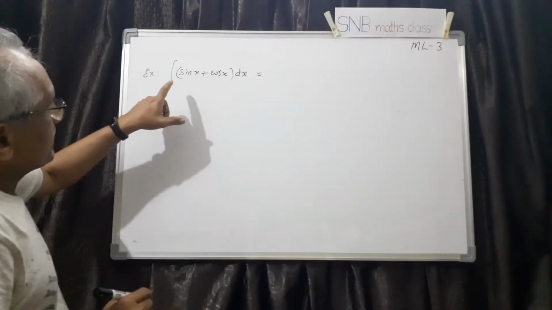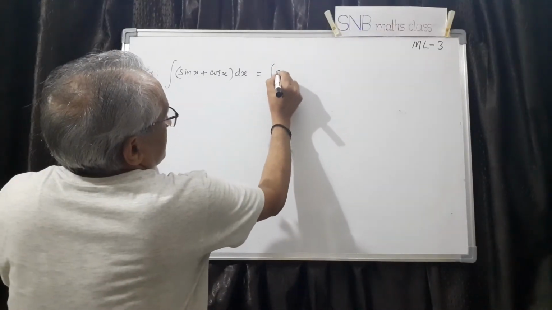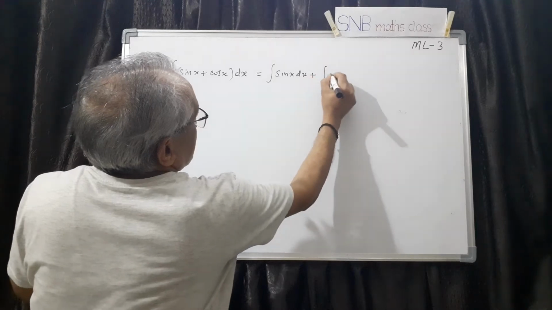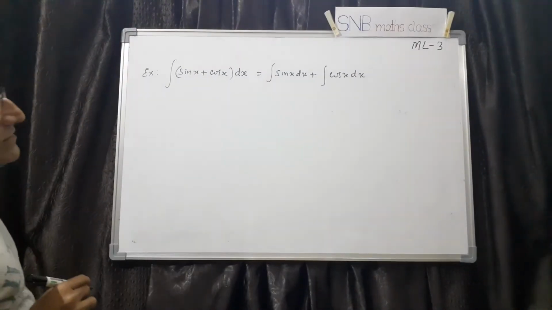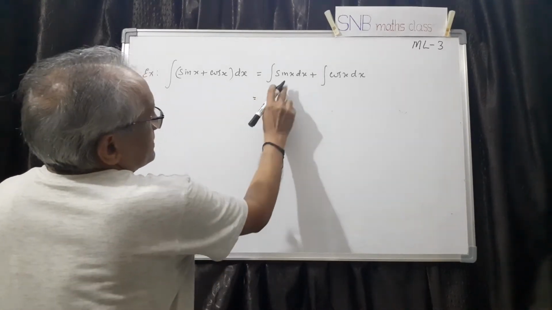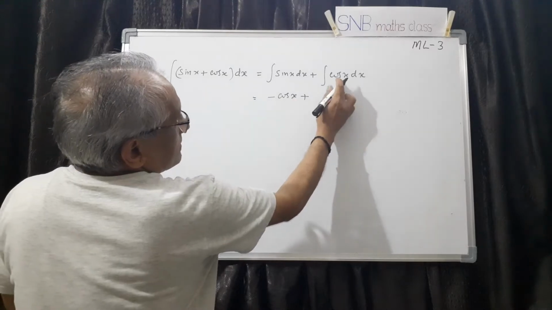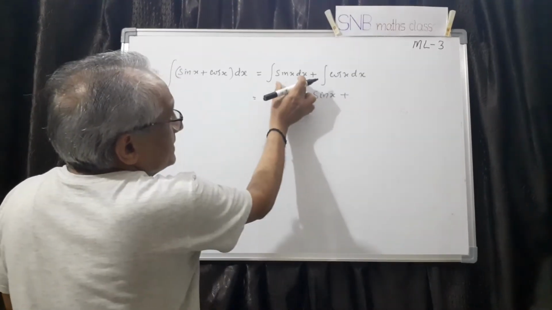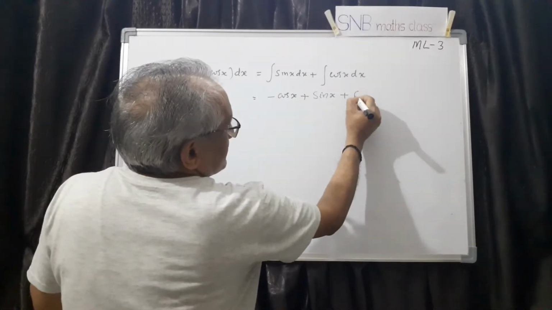According to this rule, integration of the sum of these two functions is the same as integration of sin x dx separately plus integration of cos x dx. Now we know integration of sin x is minus cos x, plus integration of cos x is plus sin x. Then here don't write c here and c here. 2c is not necessary because c is a constant. At the end we can write c.